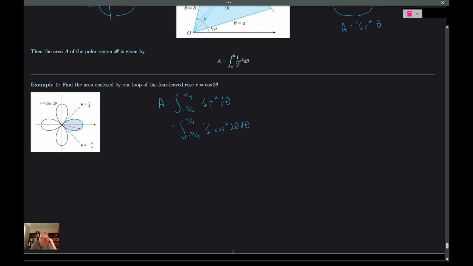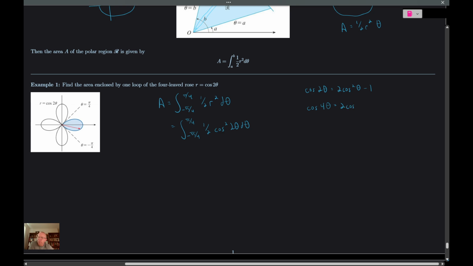Now, I'm sure we've probably done a cosine squared. We haven't done cosine squared 2 theta, but we can still use this identity: cosine 2 theta equals 2 cosine squared theta minus 1. But we actually want this angle to be 2 theta, which would make this angle 4 theta. So we can use the same identity, but just adjust the angles.